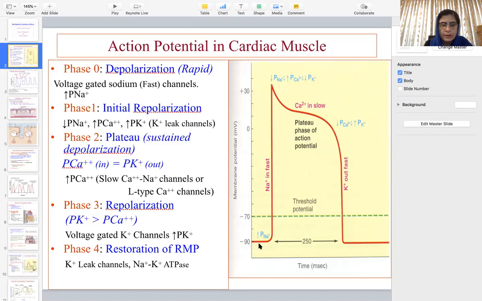Now, whenever the impulse from the SA node enters into the cardiac muscle, there is some leakiness of the sodium ion which brings the resting membrane potential of minus 90 to minus 70. So once minus 70 threshold is achieved, the first phase of depolarization is called phase 0.